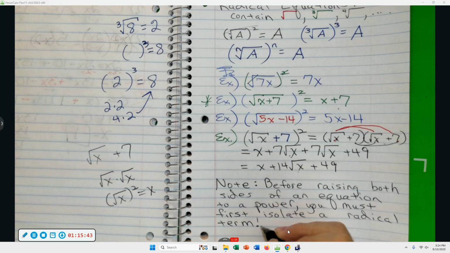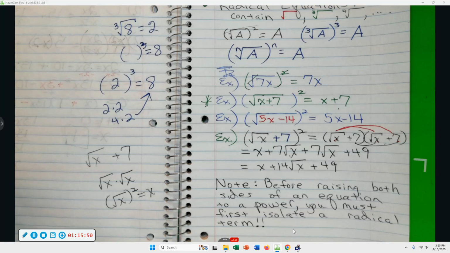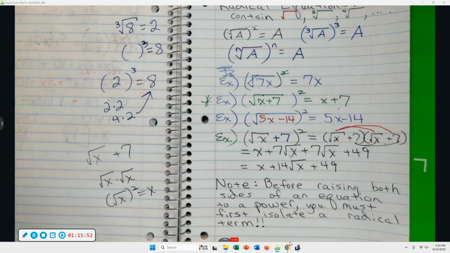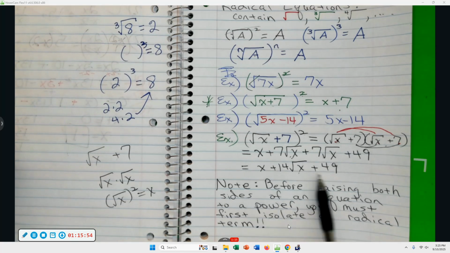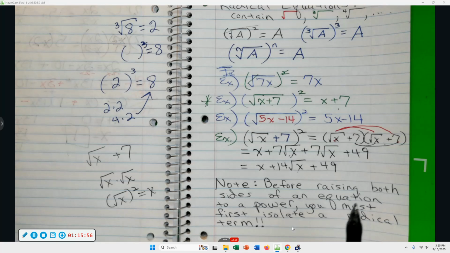Otherwise, I'm going to put an exclamation point. That's important, because otherwise you're going to wind up raising both sides to a power and getting messier stuff, an equation that's a lot worse than what you started with.